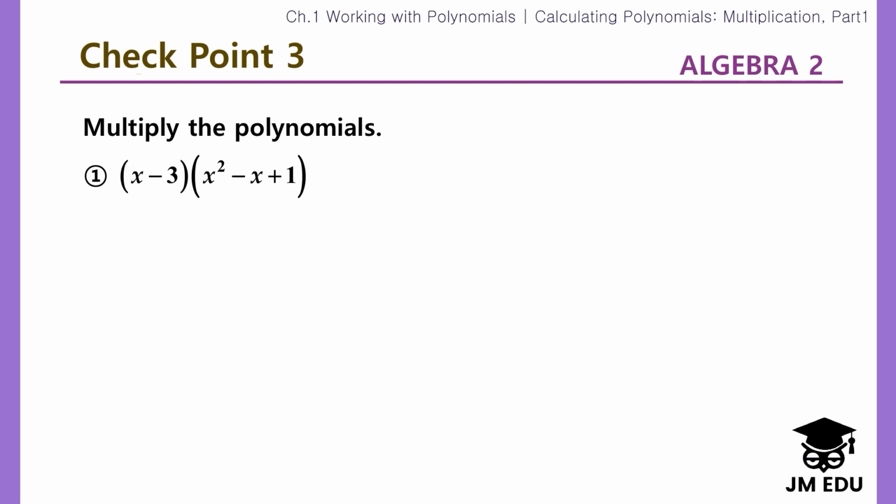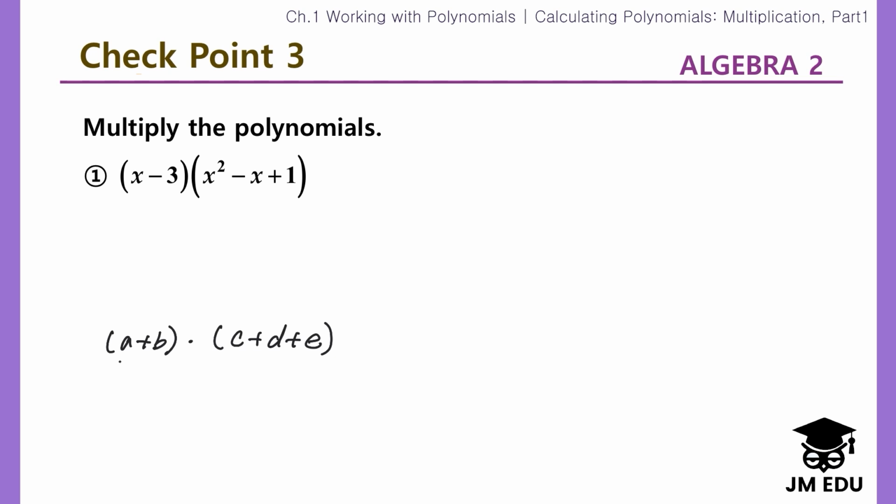Checkpoint 3. The question is to multiply the polynomials. Here we have 2 terms, a binomial. Here we have 3 terms, a trinomial. Let's say we have a plus b, a binomial, times c plus d plus e, a trinomial. When a binomial is multiplied by a trinomial, the key to expanding this expression is to apply the distributive property.